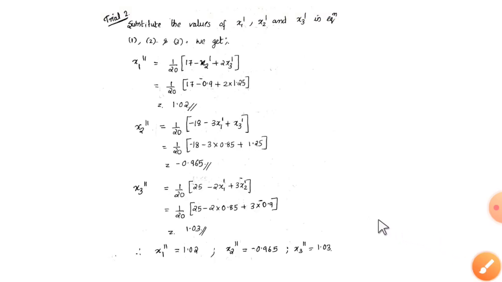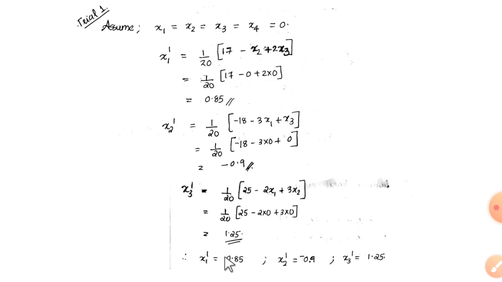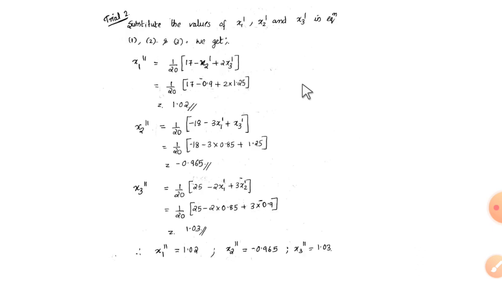Next, in trial 2, we have to substitute the values of x1 dash, x2 dash and x3 dash in equations 1, 2 and 3. So the x1 dash value we found is 0.85, x2 dash is minus 0.9 and x3 dash is 1.25. Substituting those values in these equations, you get x1 double dash as 1.02, x2 double dash as minus 0.965 and x3 double dash as 1.03.